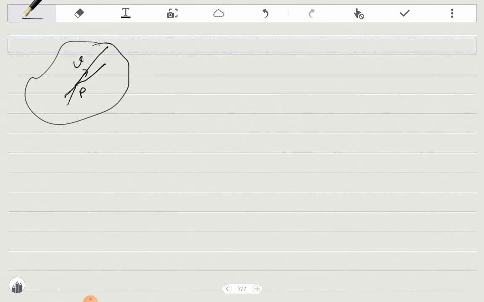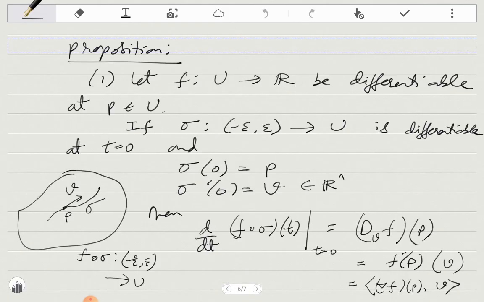And the other thing about this proposition is that it gives us a nice way of calculating. This in fact turns out to be very useful. The second equation here tells us what the action of the derivative f prime P on V is going to be.